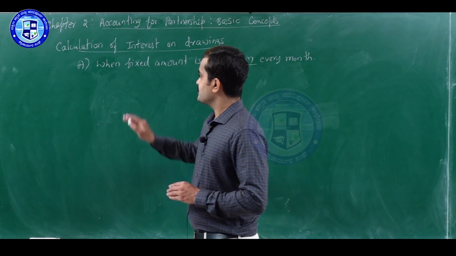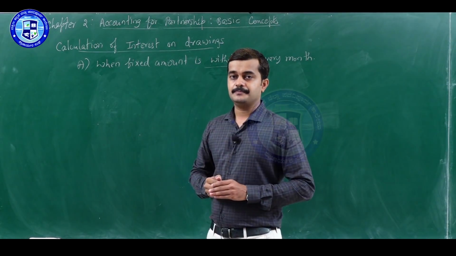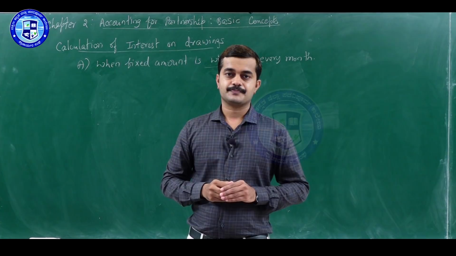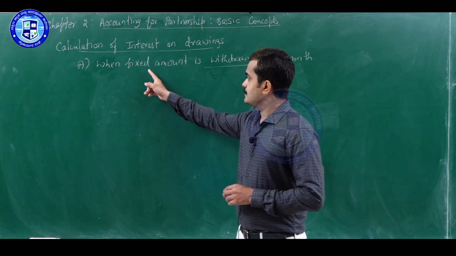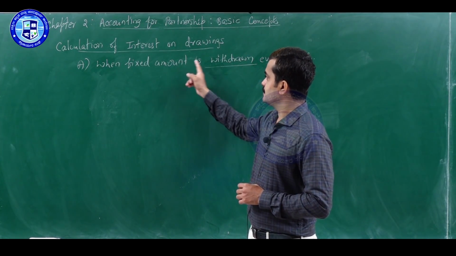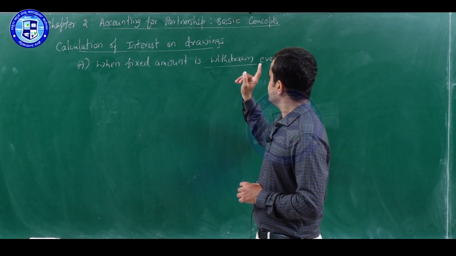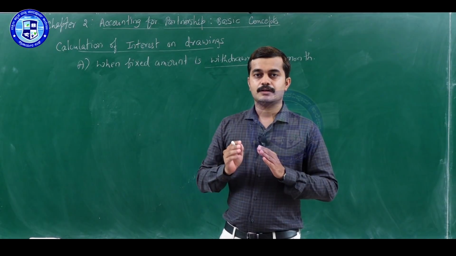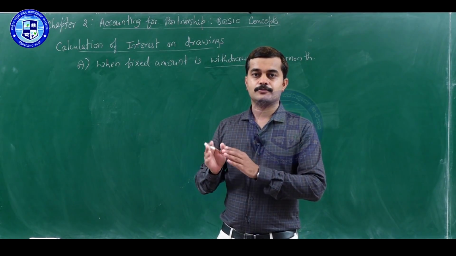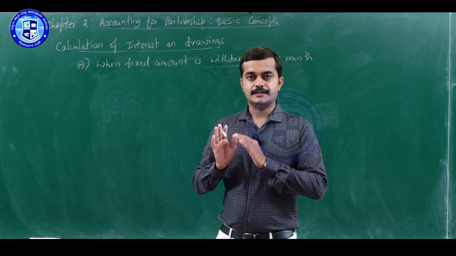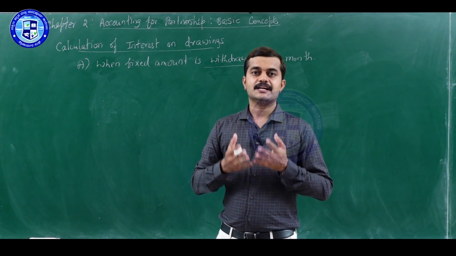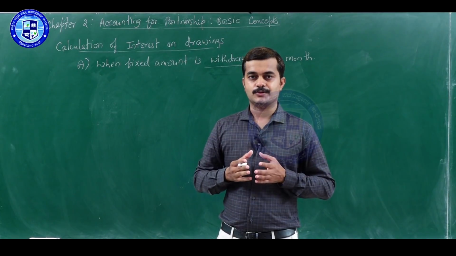In this case, partners in a partnership firm will be withdrawing resources with a fixed amount every month, say rupees 1000 on the first day of each month, or the middle of every month, or the last day of every month, and so on.